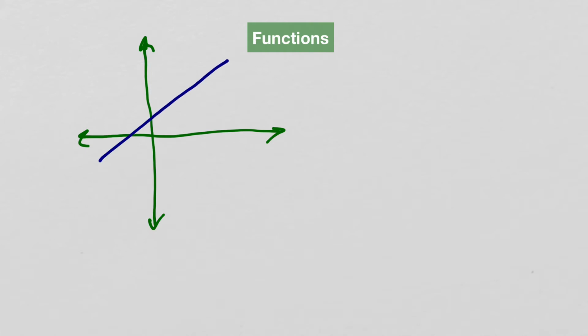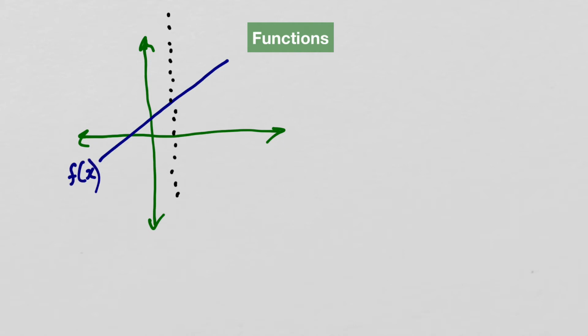There's a test called the vertical line test, and that vertical line test says as long as I draw a vertical line and it crosses the function, in this case represented by blue, I'm going to write this as f of x.